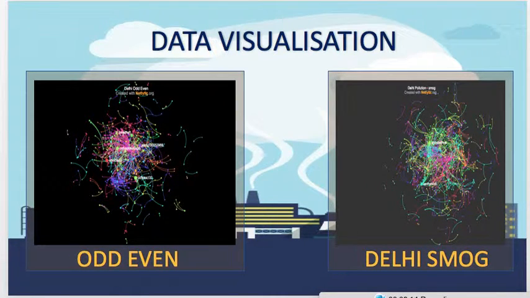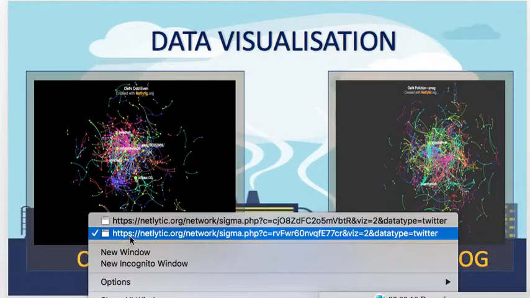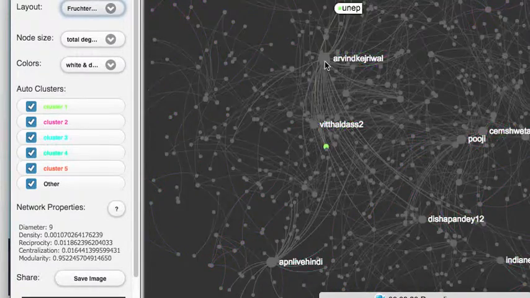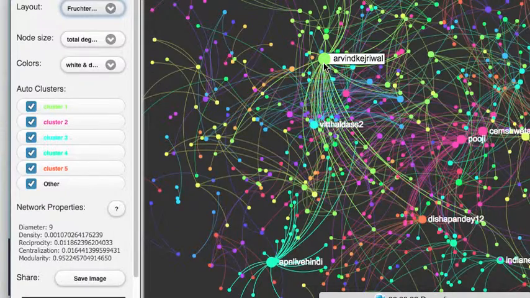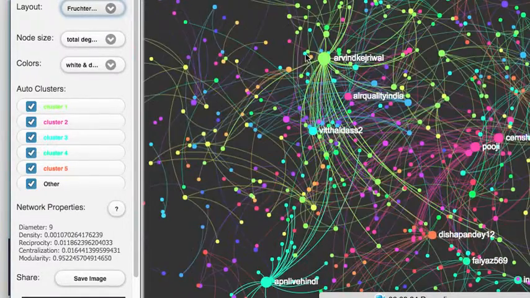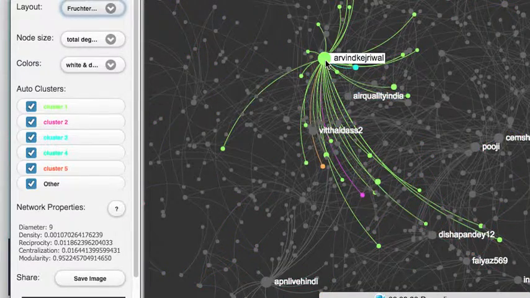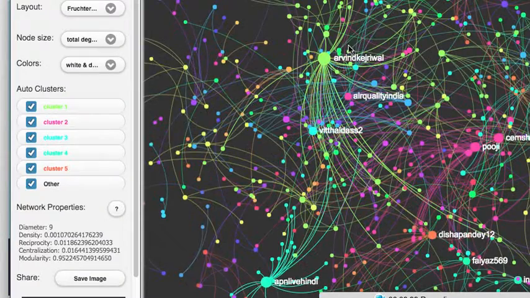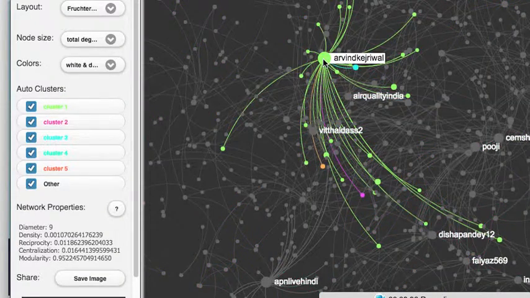So if you would see the analytics which we have done, this actually showcases the file for the Delhi smoke. So over here you would see the only node with the maximum centrality, that is 31, is actually the node of Mr. Arvind Kejriwal.